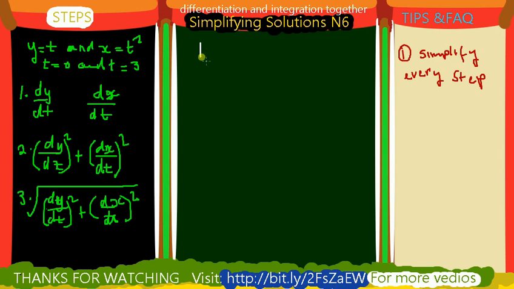If you are given something like this, and our limit is t equals 0, first of all you derive this one.